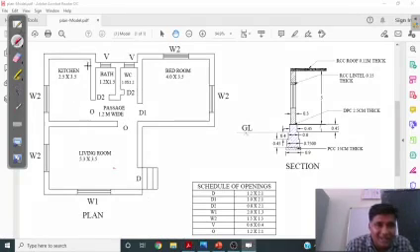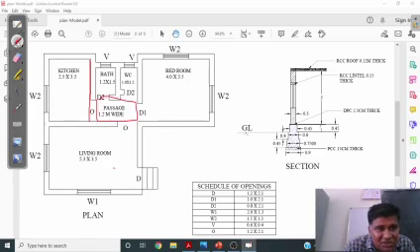But here the room dimension means from here to here is the room dimension. Again, if you are going to consider the passage, it will be considered from here to here. Okay.